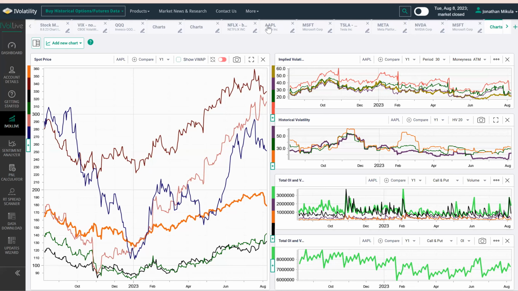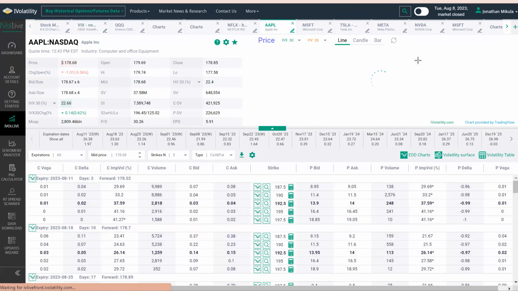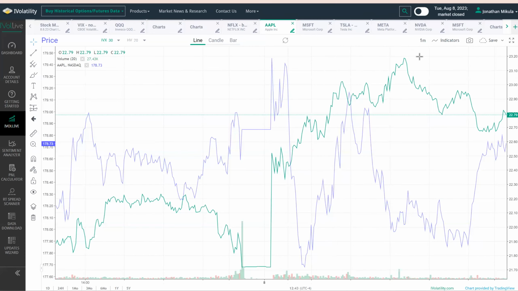How to make a chart with implied volatility and historical volatility on the same chart. The best way to do implied volatility versus historical volatility, I like this view best. If we take Apple for an example, the reason I like this view best is you get it by default.